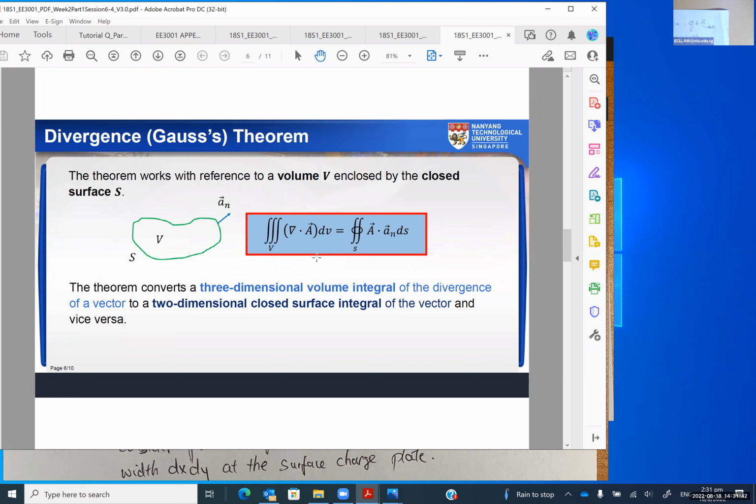So let me put it out. This is the divergence theorem. This one, I just rewrite it again.